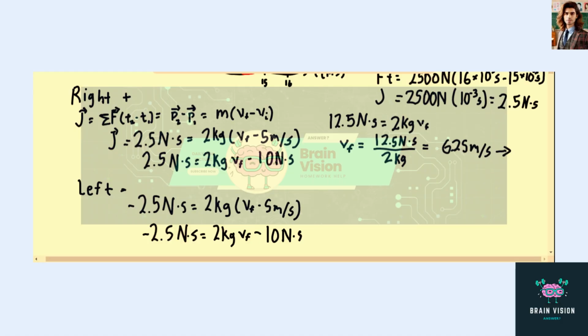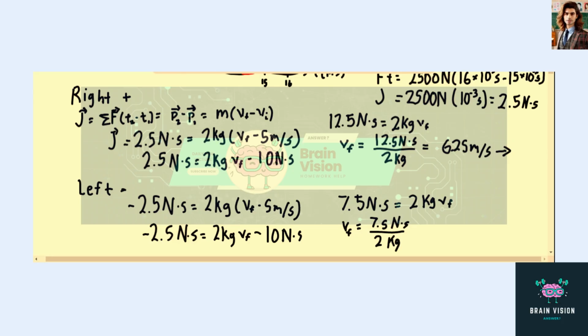And when we add the 10 to the other side of this equation, we'll now get 7.5 newton seconds is equal to 2 kilograms times v final. And now v final is going to be equal to 7.5 newton seconds divided by 2 kilograms.